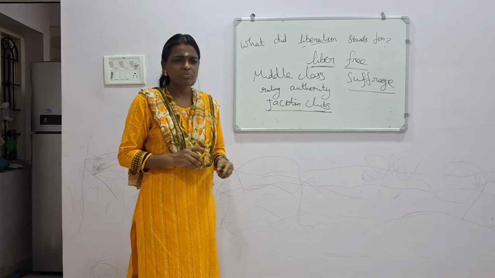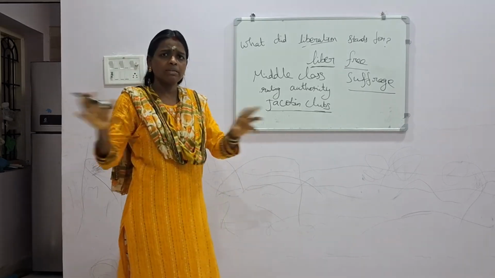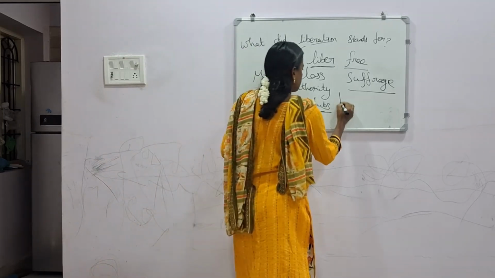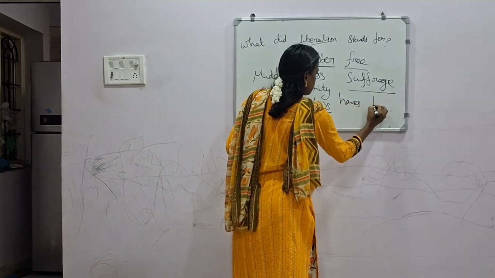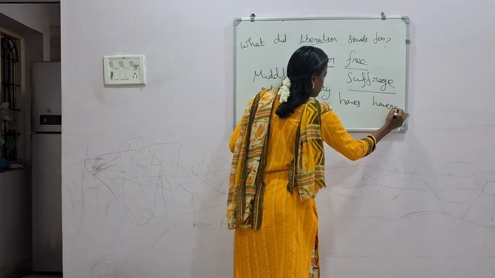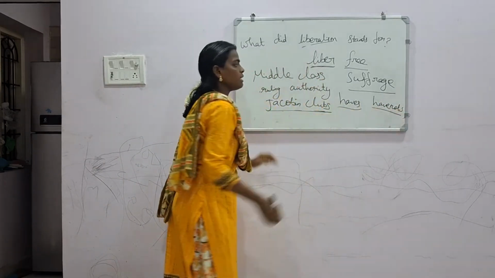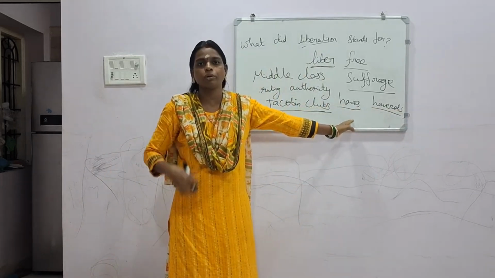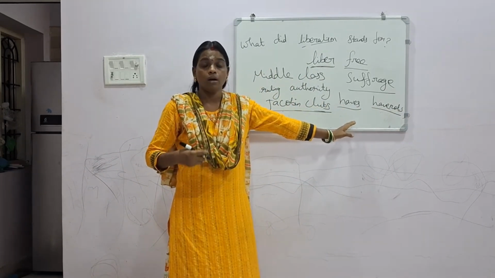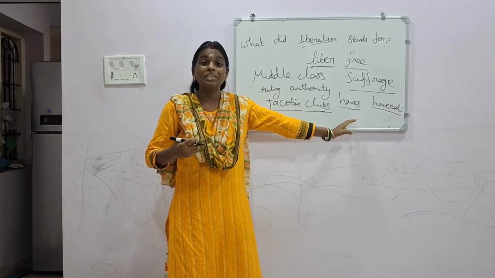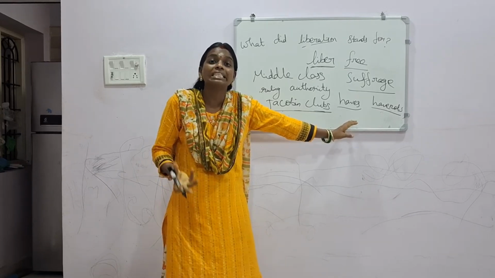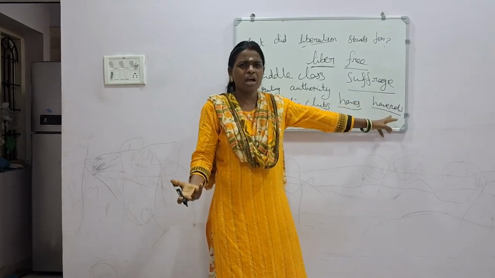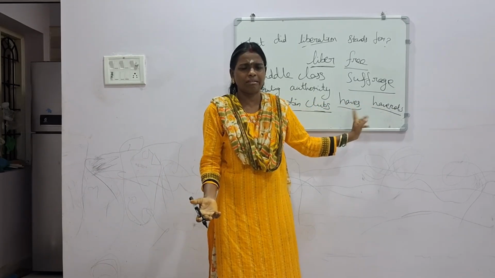For example, at the world level, we have both haves and have-nots. Haves means the people who are rich, who own property, own many sources, more income. Have-nots means, as usual, poor people, the opposite of haves.